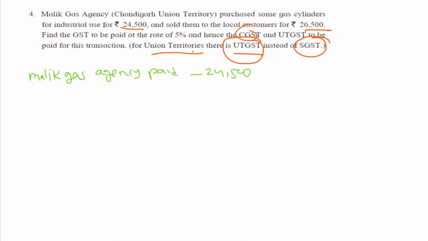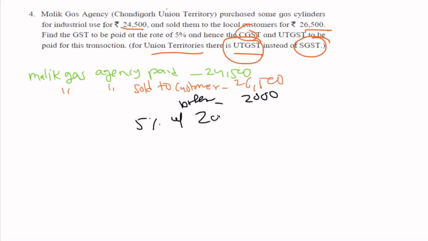Malik Gas Agency sold that particular gas to the customer for 26,500. So the total difference between 26,500 and 24,500 is how much? 2,000 rupees. And 5% of 2,000 is how much? 100 rupees.